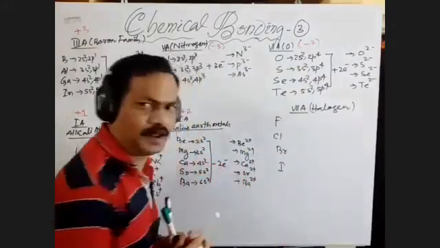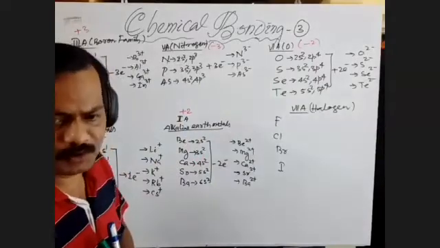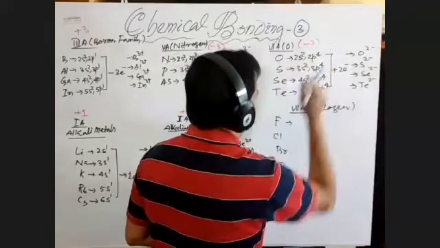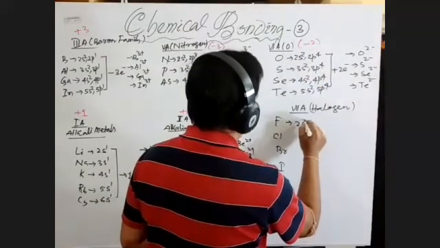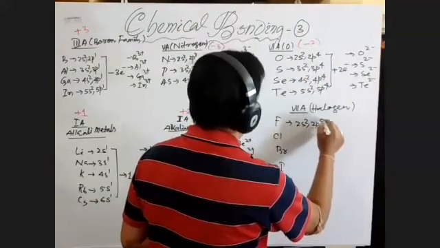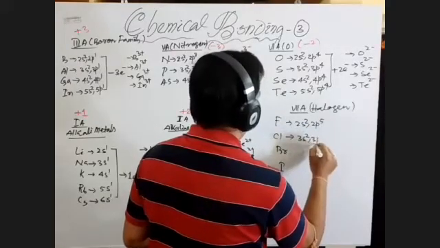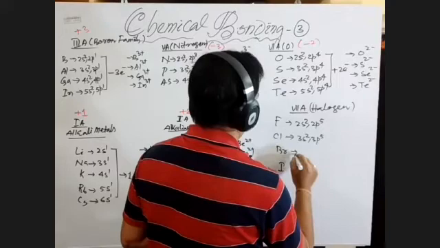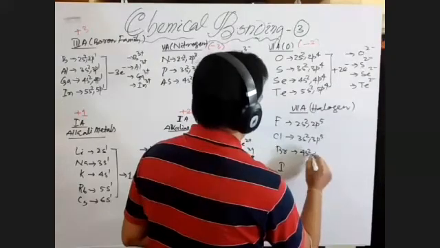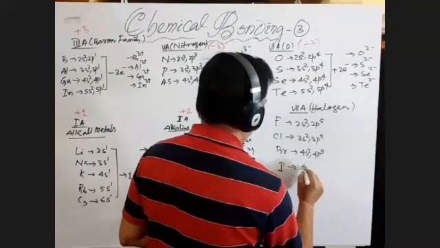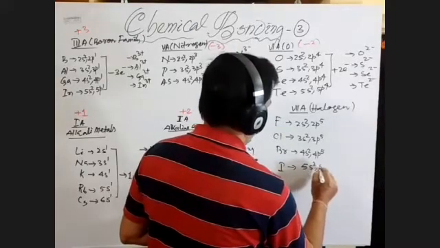Fluorine's configuration, adding one more electron, is 2s2, 2p5. Next 3s2, 3p5. Bromine 4s2, 4p5. Iodine 5s2, 5p5.